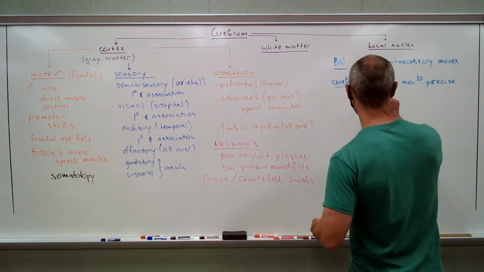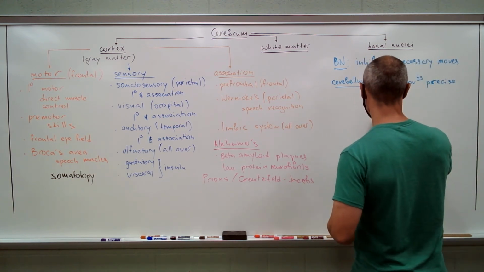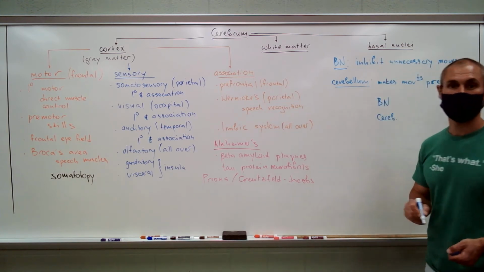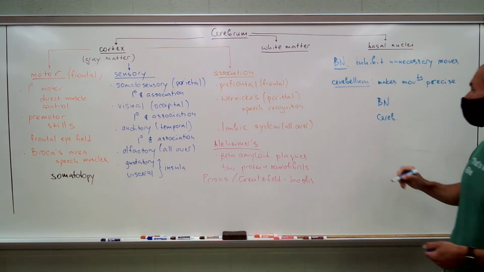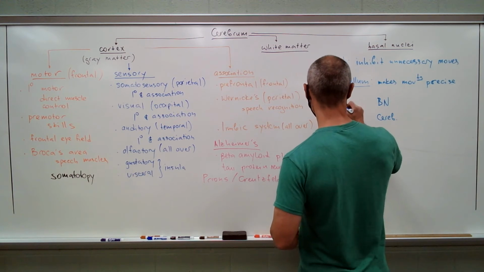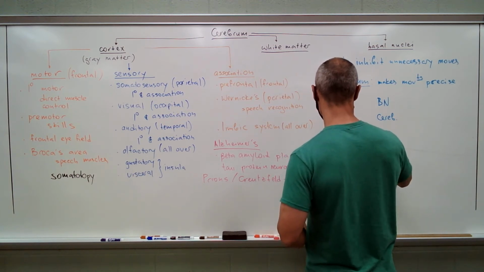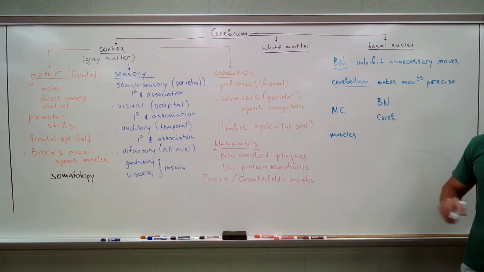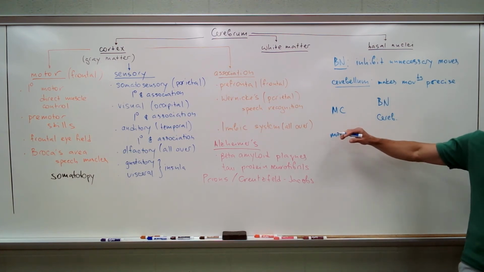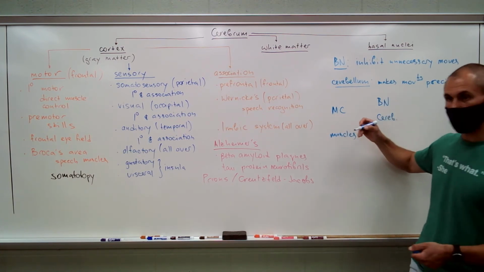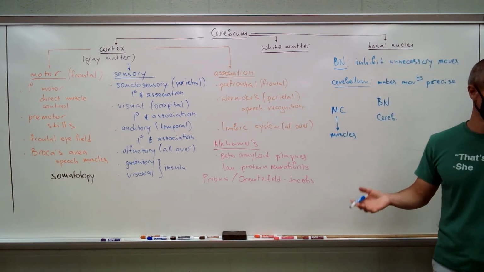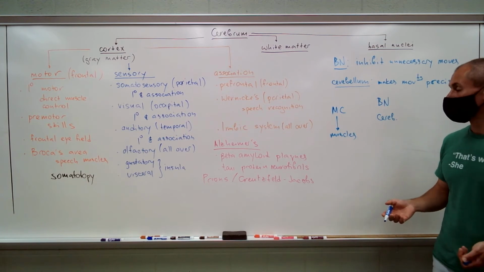So here you have your basal nuclei. Here you have your cerebellum. Here you have your motor cortex, and here you have your muscles. So motor cortex is controlling your muscles. Anyone has a problem with that? Good? Obviously.